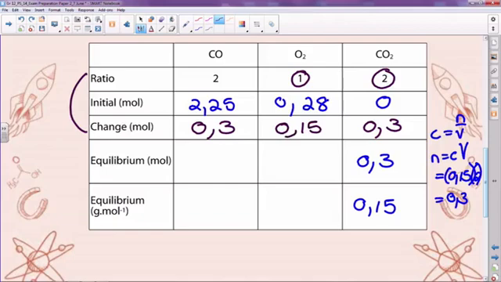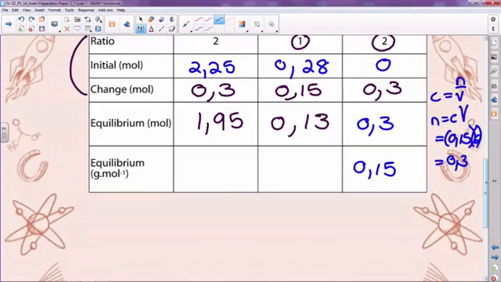Now we go down and we say, fine, I used up reactant, so I'll go 2,25 minus 0,3, and I have 1,95 left over. I go 0,28 minus 0,15, and I'm left with 0,13, but it's a Kc expression.